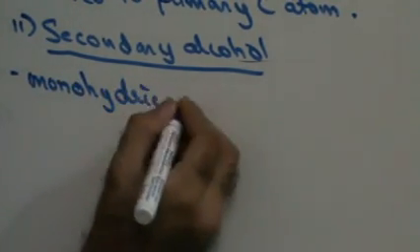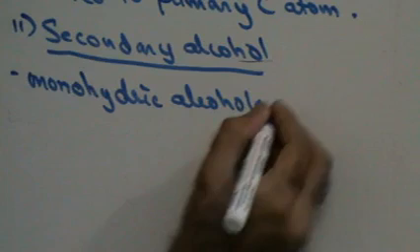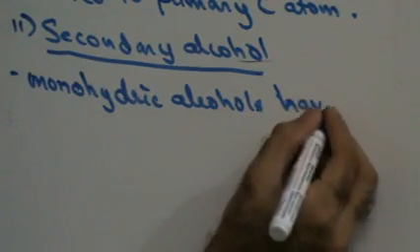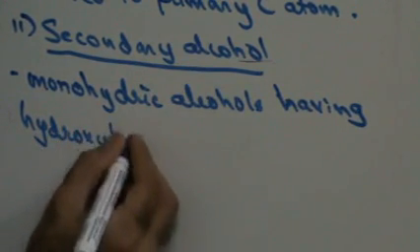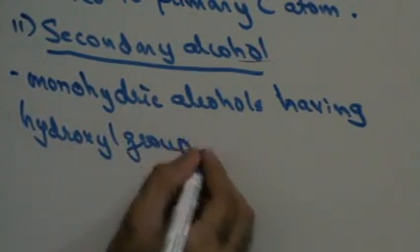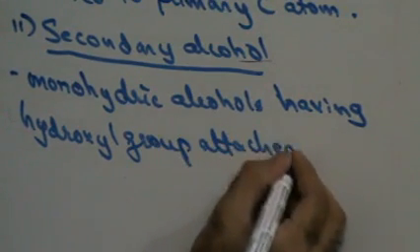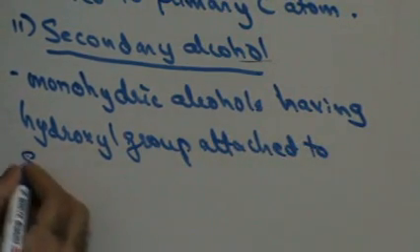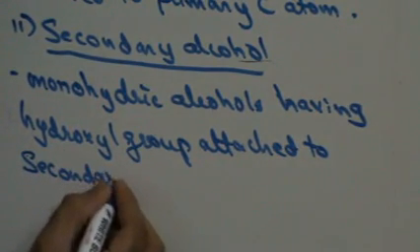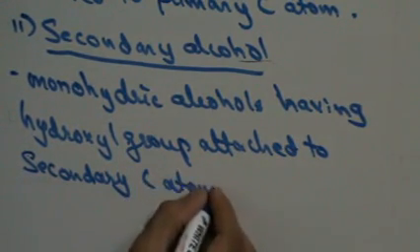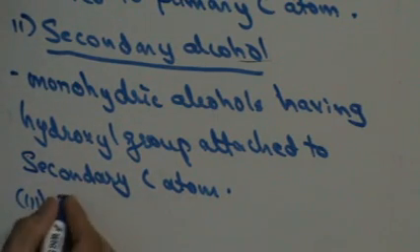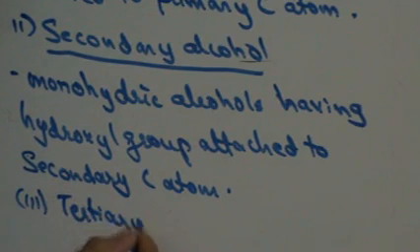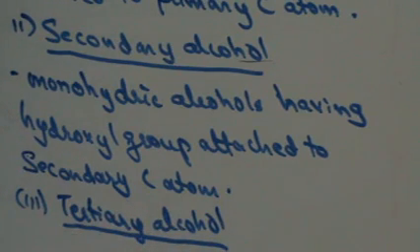Right? These are monohydric alcohols having a hydroxyl group attached to a secondary carbon atom. Right? The third is tertiary alcohols. What are tertiary alcohols?